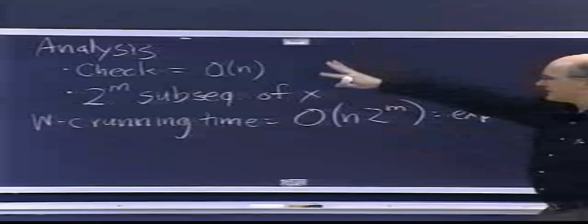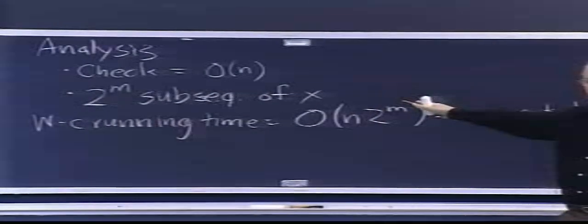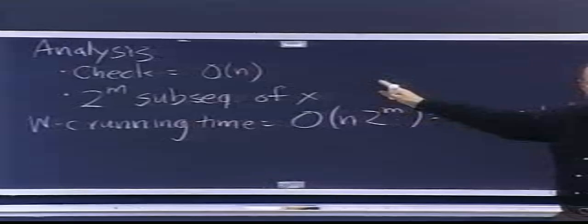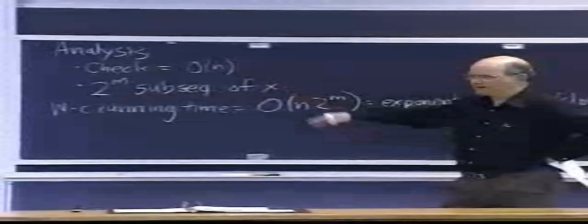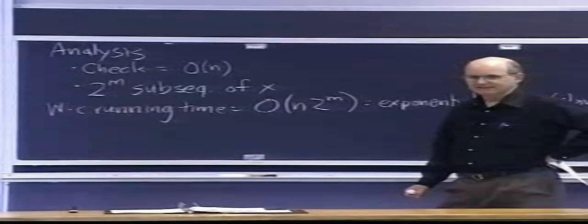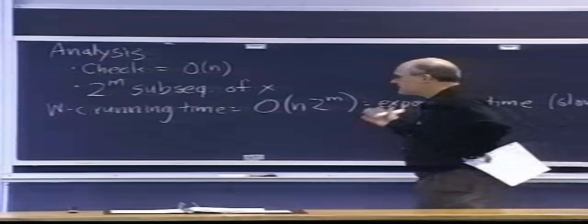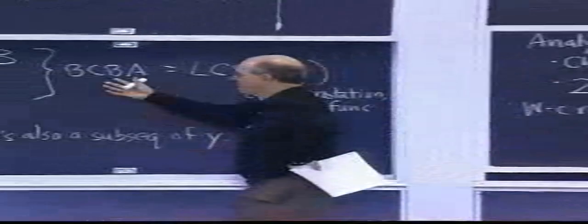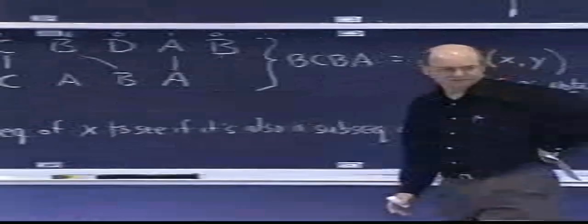So I hope through this people understand what the problem is at this point. Are there any questions about what the problem is that we're going to solve here? Because we're going to see a much faster way of solving this problem. But I want to make sure everybody's with me on what the problem is and why the brute force algorithm is not a particularly good solution.